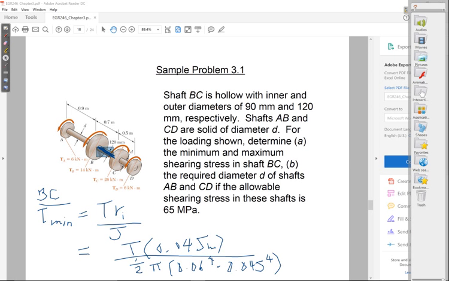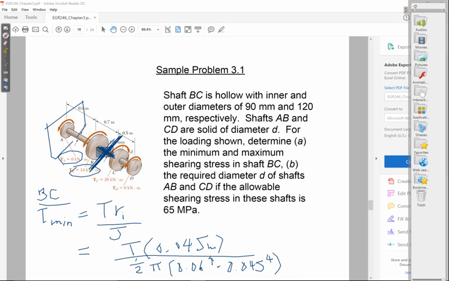In a problem like this, I will choose the left-hand side as my reference. Then to find the internal torque in BC, I make a cut between B and C. If you make that cut, what you have is 6 kilonewton meters positive plus 14 kilonewton meters positive.